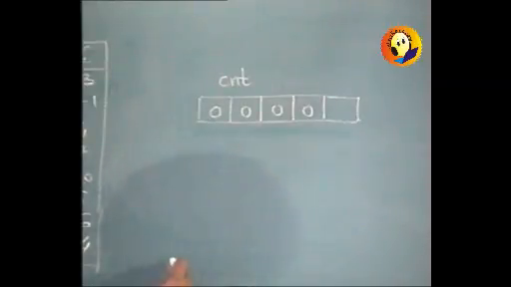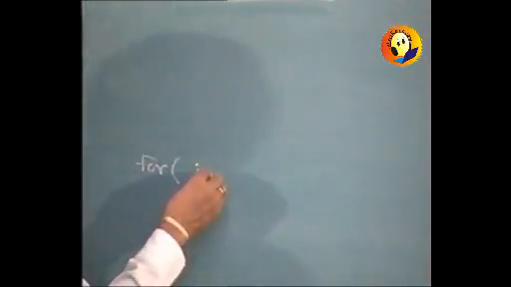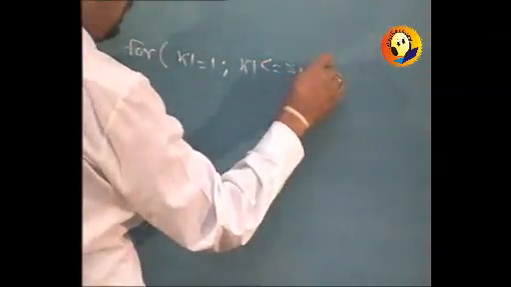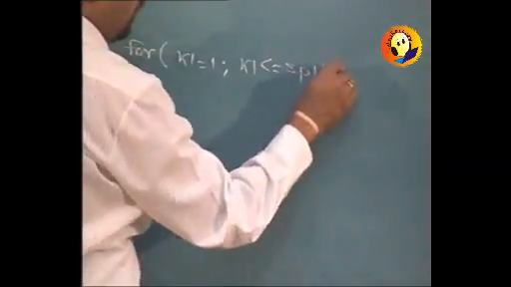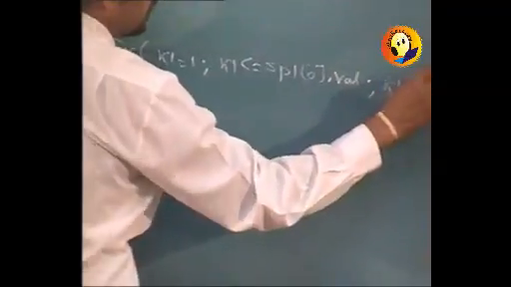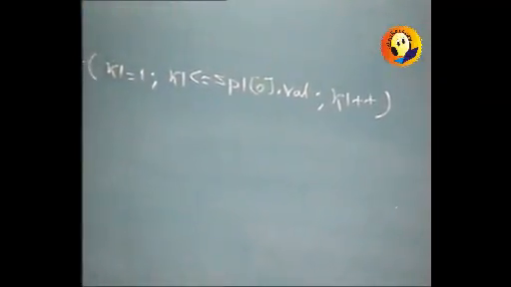I will start with, as usual, for k1 equal to 1, k1 less than or equal to sp1[0].val, k1++. What am I doing here? I am going through this sparse matrix from top to bottom.